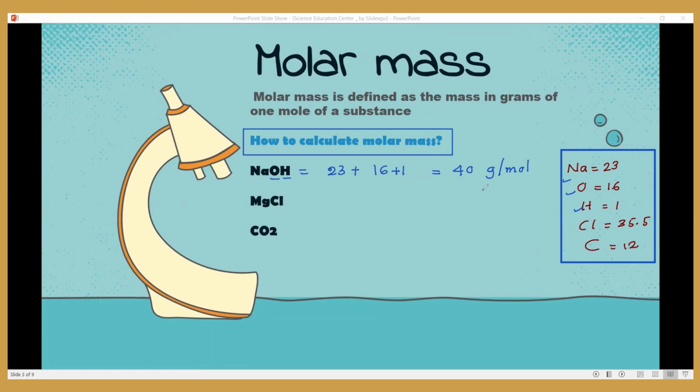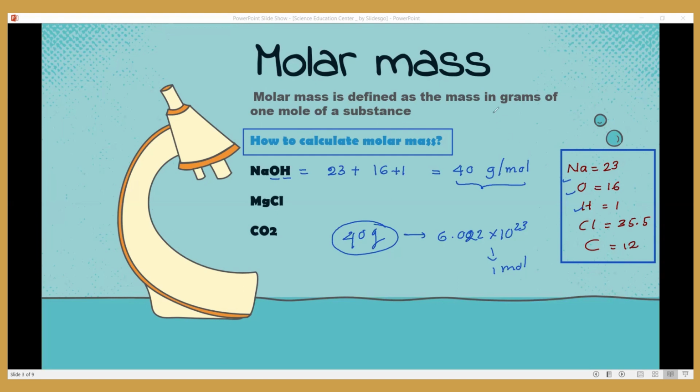What I mean is, when I measure 1 mole of NaOH, that is sodium hydroxide, I will have 40 gram. Or if we have 40 gram of sodium hydroxide, the number of chemical units we find is 6.022 × 10^23, which is equal to 1 mole. So 1 mole of sodium hydroxide is equal to 40 gram, and the unit for molar mass is gram per mole, so 40 gram per mole.